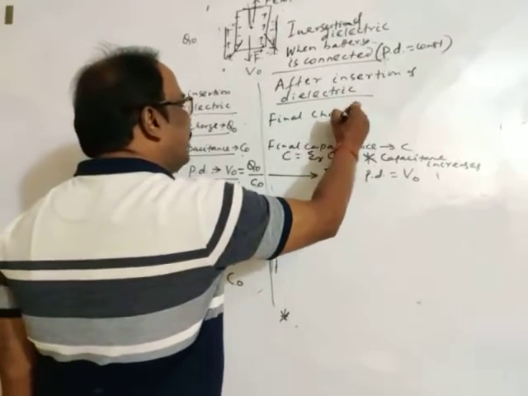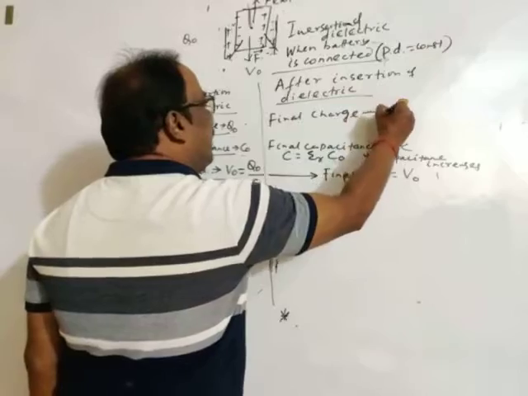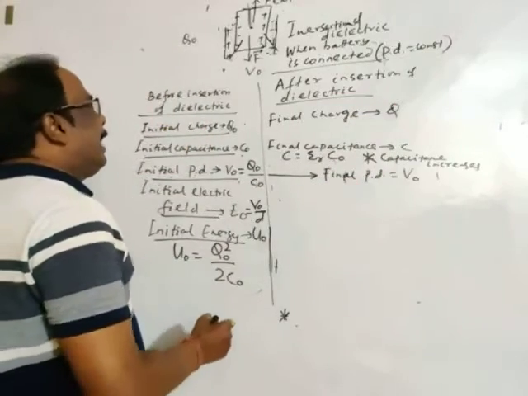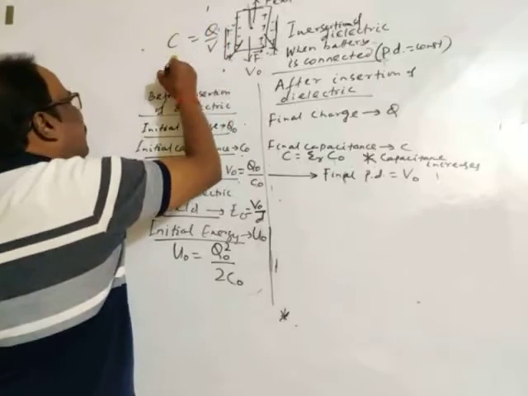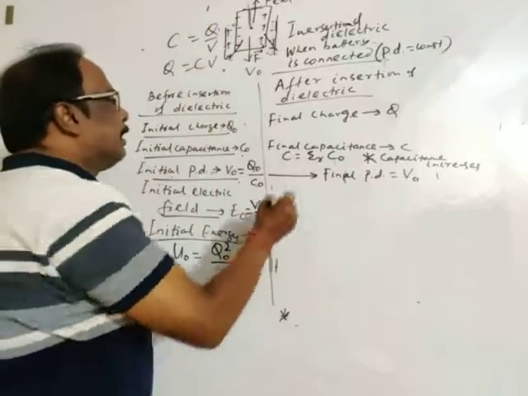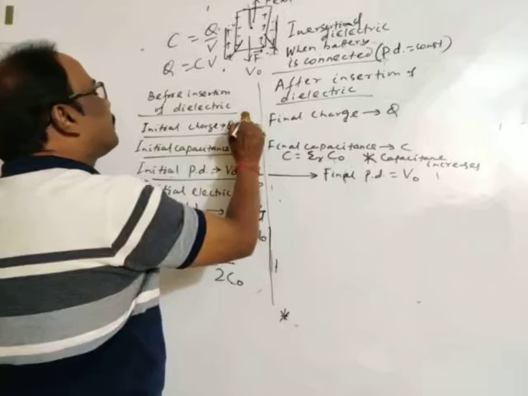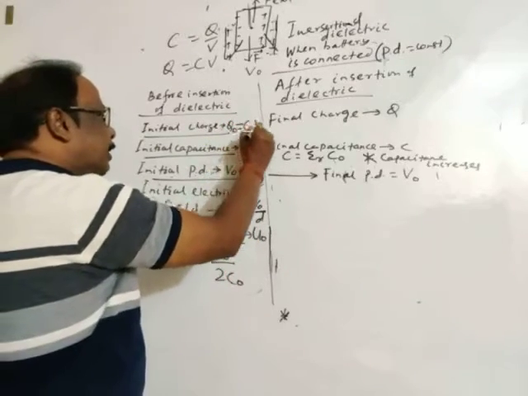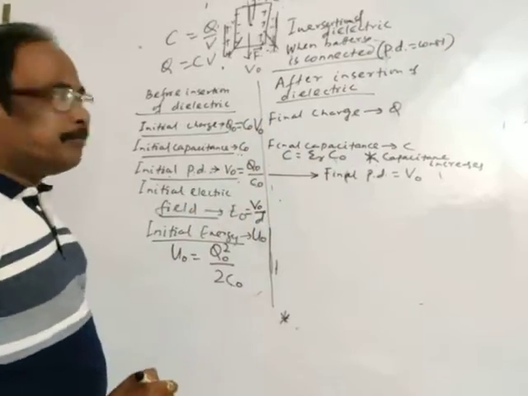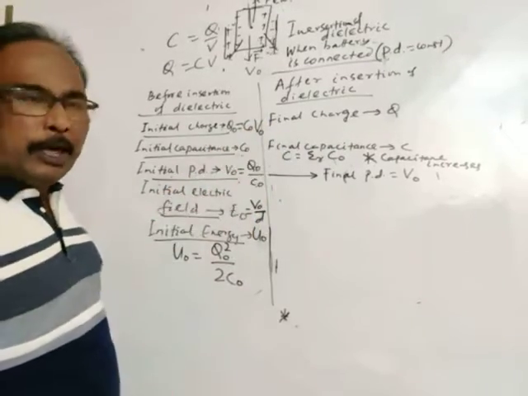Then about final charge. Let the final charge be Q. As we know, C is equal to Q by V, so Q is equal to CV in general. Initial charge Q naught is equal to initial capacitance C naught times initial potential V naught.